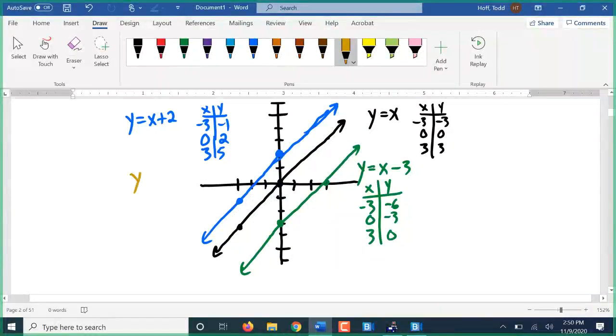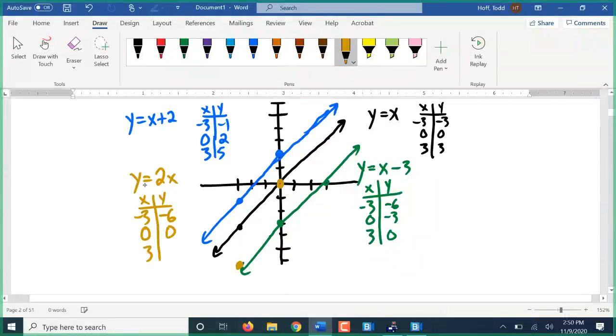Y equals 2 times x. Well, now if x were -3, 2 times -3 would be -6. So -3, -6 would be somewhere in there. If x were 0, well, 2 times 0 is still 0. So 0, 0. We're back to going through the origin again.